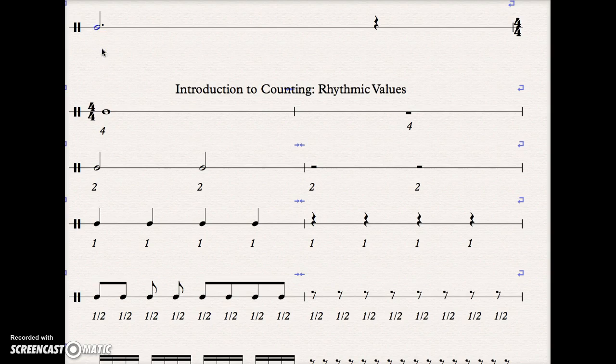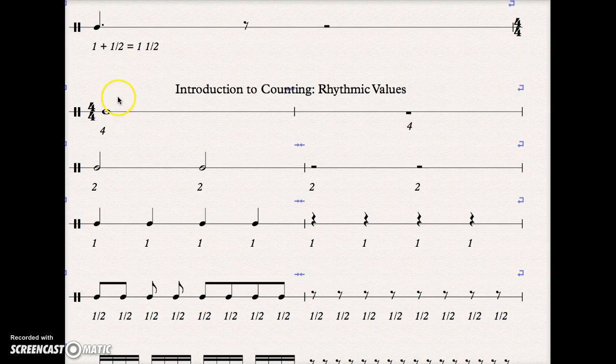What if this weren't a half note, though? What if it were a quarter note with a dot behind it? Here, the quarter note gets 1 beat, of course. Half of 1 is 1/2. And therefore, the dotted quarter note gets 1 1/2 beats.